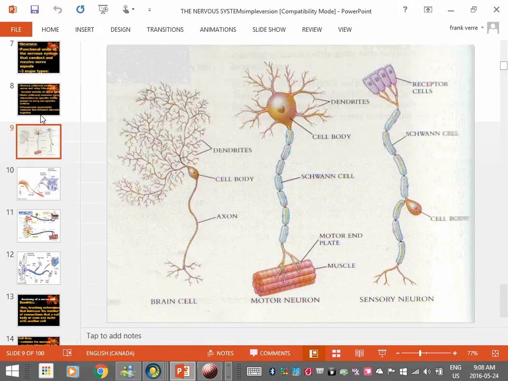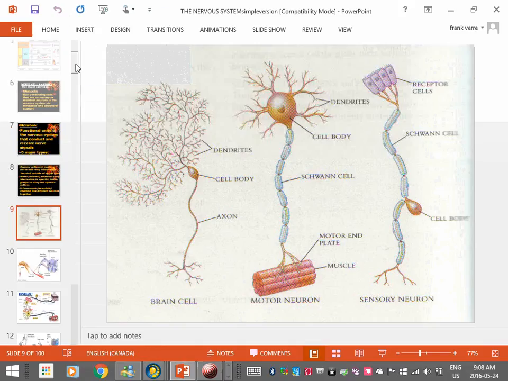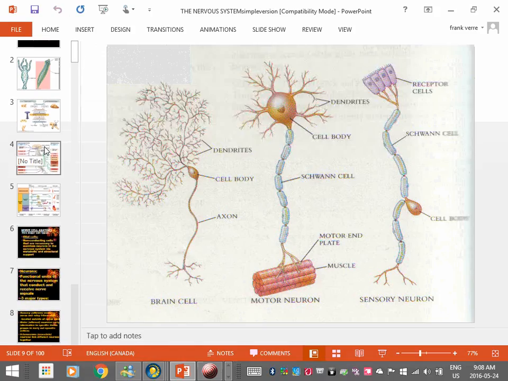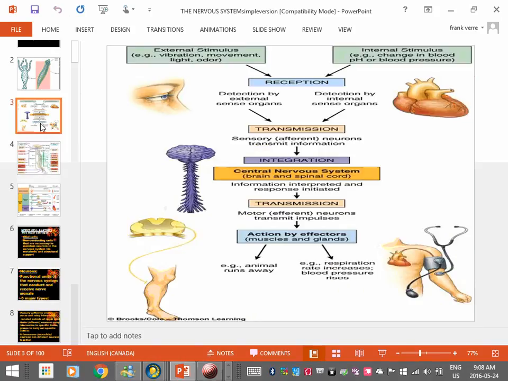So what we're going to do right now, we're going to wrap up the nervous system by going back to the actual system itself. Okay? So, what's the central nervous system? We talked about how the nervous system works, right? We focused on neurons and we looked at three things.